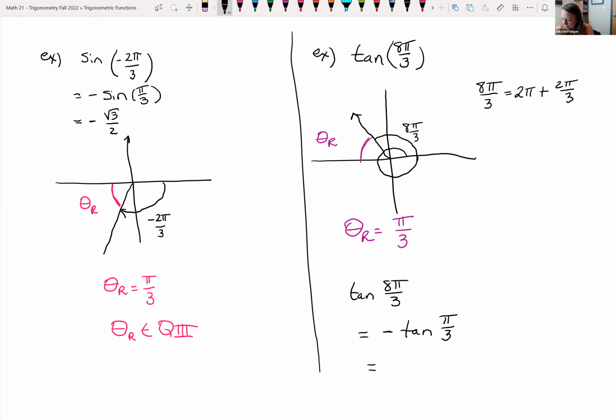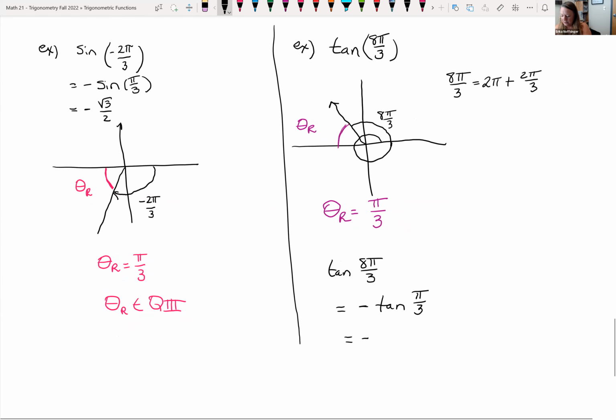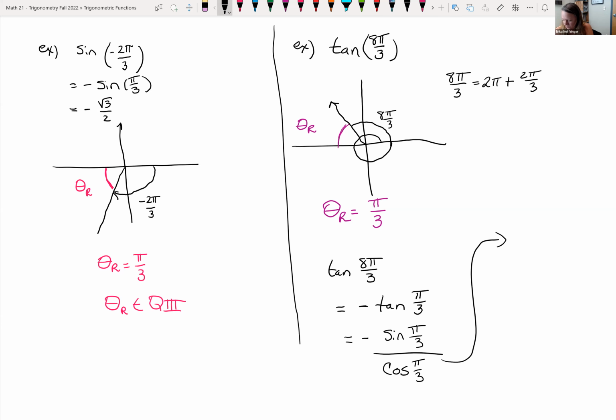If you didn't have that one memorized, you can put it as sine over cosine. So this is negative sine of pi thirds over cosine of pi thirds. Sine of pi thirds is root 3 over 2, all over cosine of pi thirds, which is 1/2. So invert and multiply, and this would give us negative root 3. So tangent of 8 pi thirds is negative root 3.